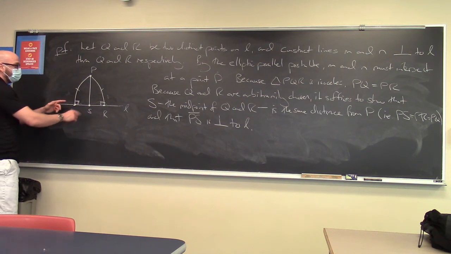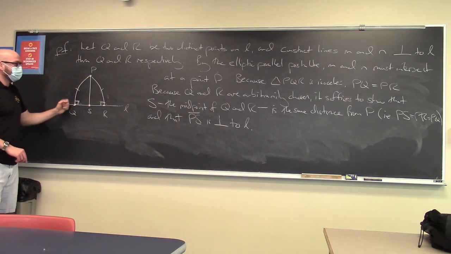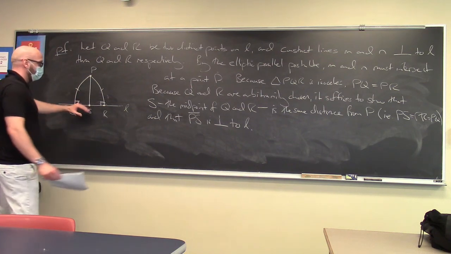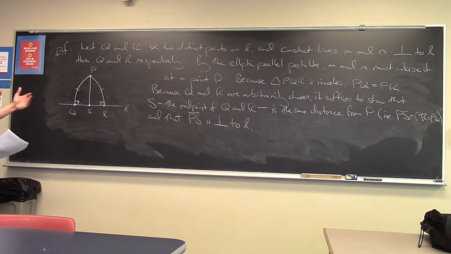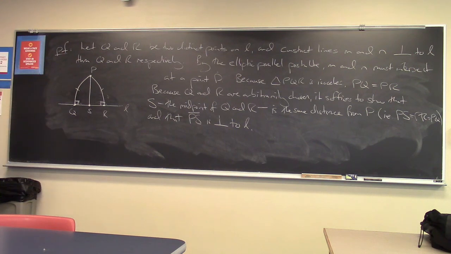Well, because Q and R are arbitrarily chosen, every point on this line is the midpoint of some isosceles triangle. So as long as I can prove it's true for the midpoint of these isosceles triangles, you can choose Q and R arbitrarily and then prove it's true for S. And so this is really where I'm coming from with this argument.